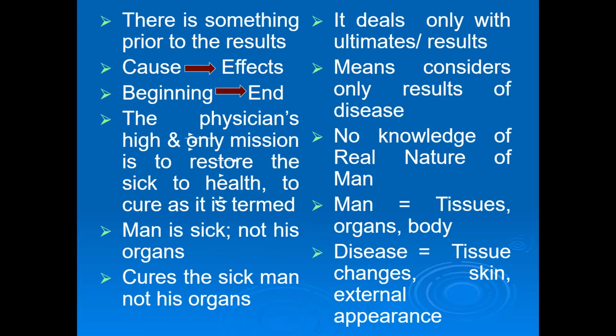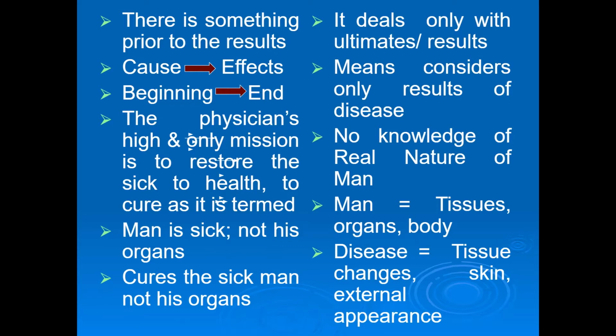Man is equal to tissues and organs and body. So what does allopathy consider man to be? Nothing but tissues, organ pathology, and nothing but the body, that is the material tangible body. Thus diseases are in the tissues, in the organs, in the body, on the skin, what is external appearance, what is visible, say acne, warts, corns.